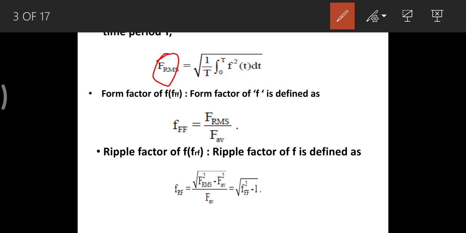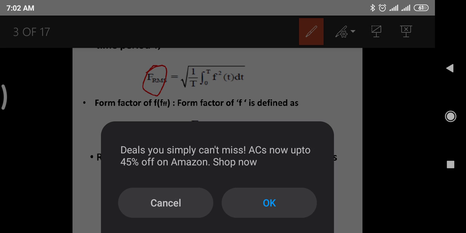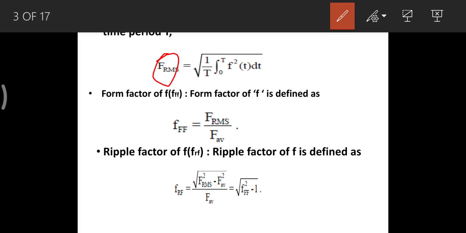Next, form factor. The form factor is defined as the ratio of RMS value to the average value. This form factor plays a very important role in waveforms. Why? Because our entire power system depends upon this form factor.